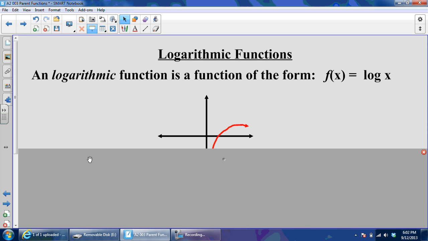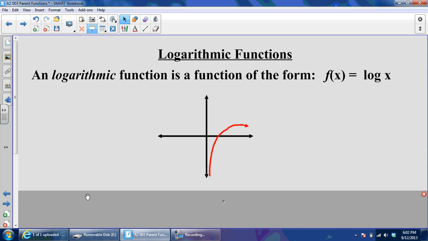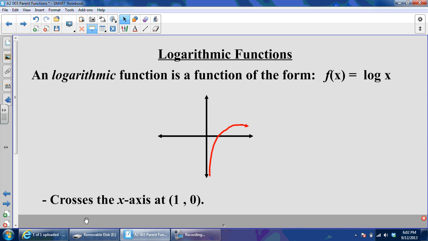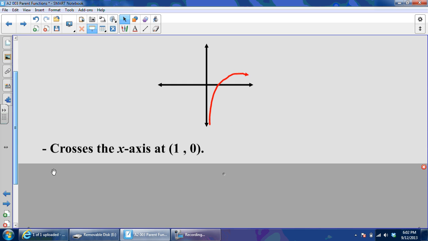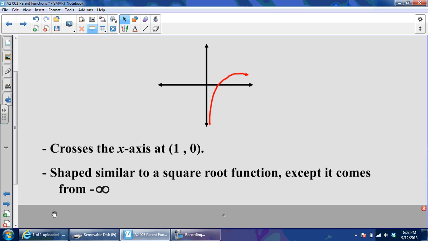So here's what your graph looks like. It is not all that different from a square root graph, with the exception that it does not begin at the axis and then move upward. This one comes from negative infinity. And as you can see, the graph does cross the x-axis at (1, 0).